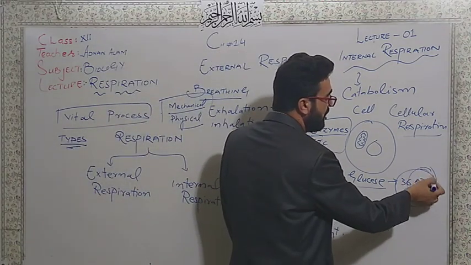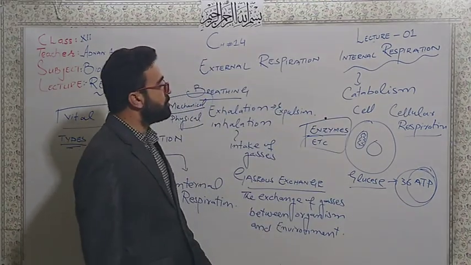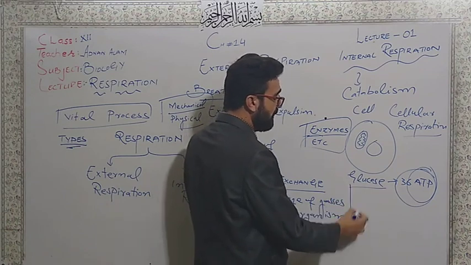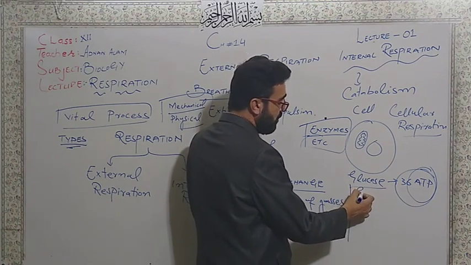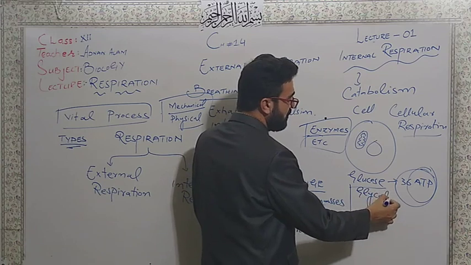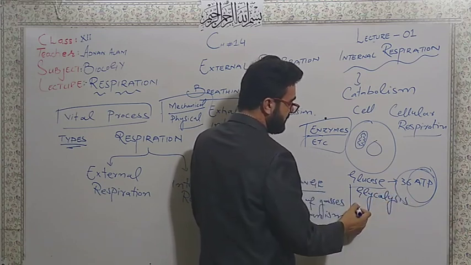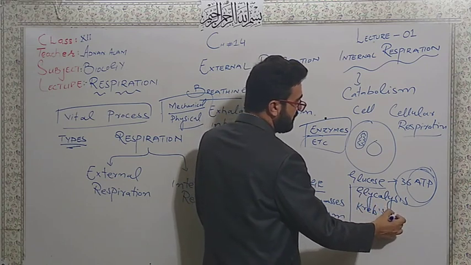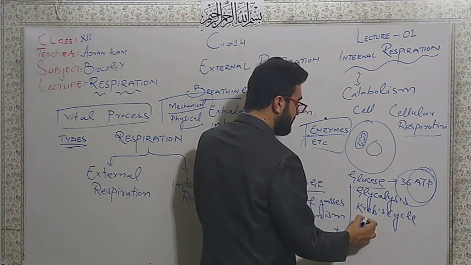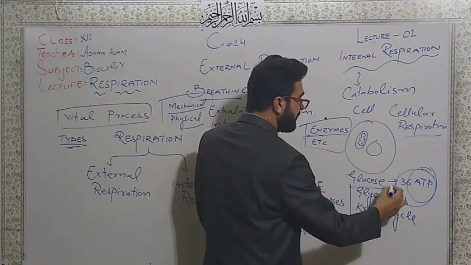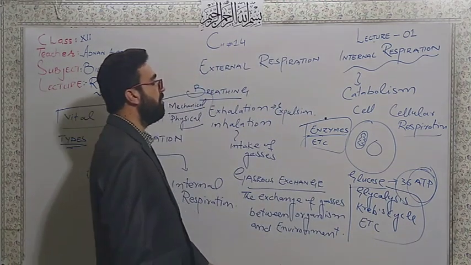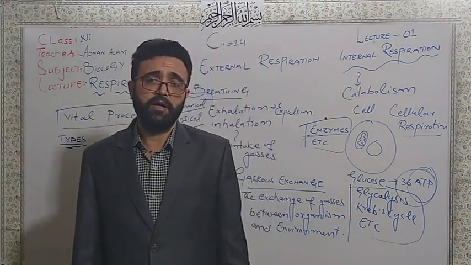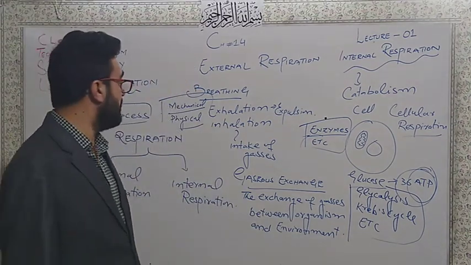It has three main steps in aerobic cellular respiration: glycolysis, Krebs cycle, and electron transport chain. These three are the main steps of cellular respiration, which is an internal respiration in terms that it occurs inside the cell.